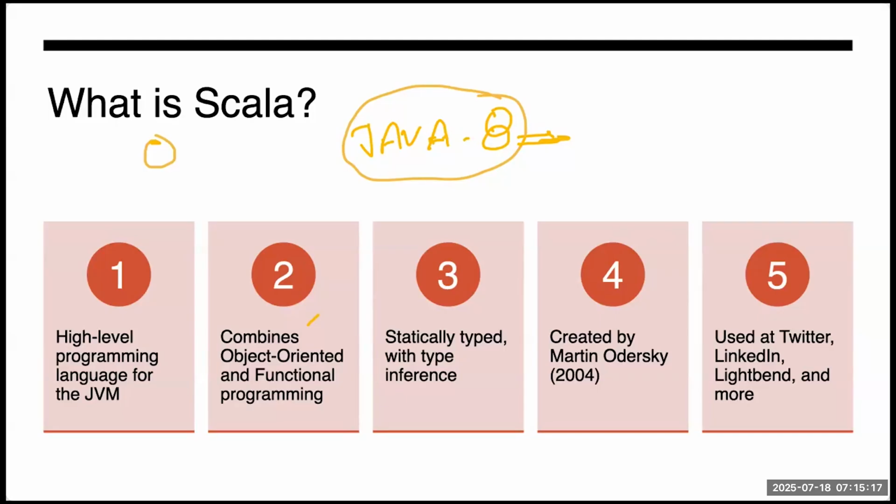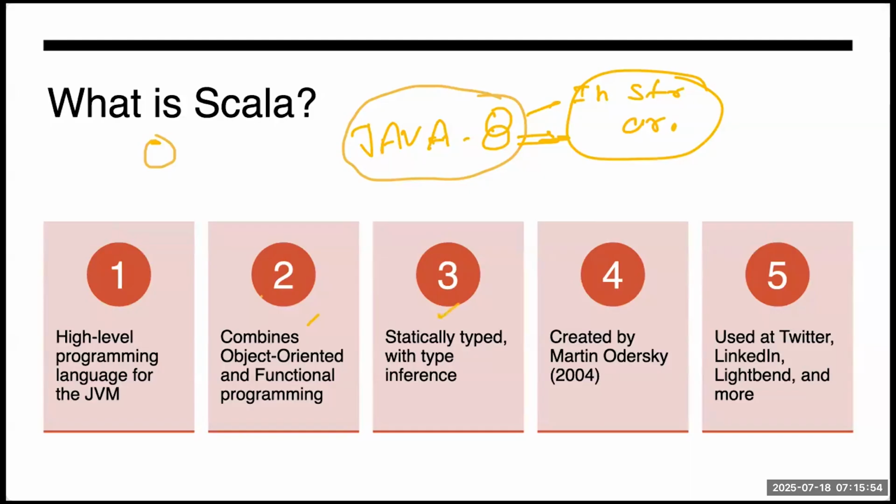In Java, first class citizens are like integer, string, array, because you can pass them to functions and return them. In Scala you can return integers and strings, but you can also return a function and pass a function as an argument. That's why we call it functional programming. It also supports higher order functions, and we'll see about that.